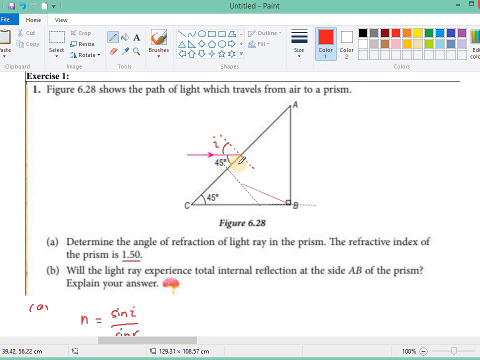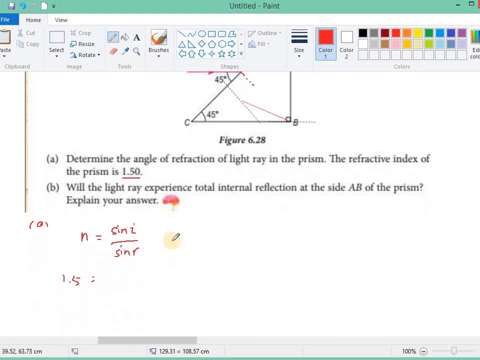We must take the incident angle from the normal, but coincidentally, because it's 45 degrees and this is 90 degrees, this angle here is also 45 degrees. So this is the incident angle, still 45.